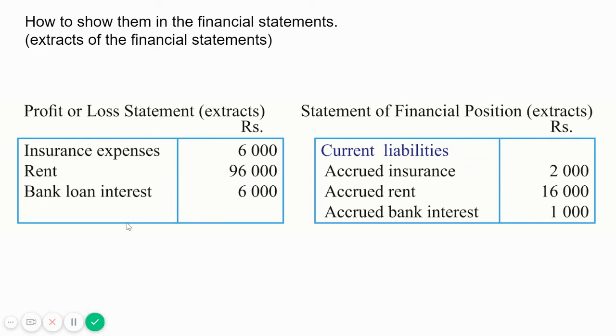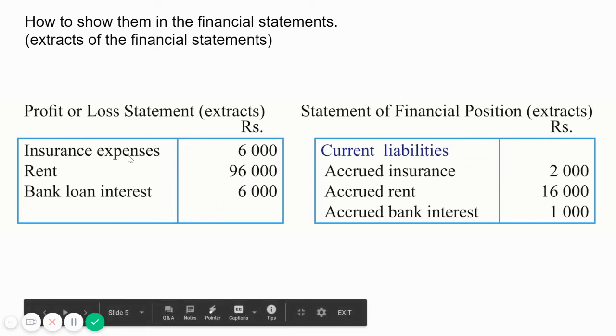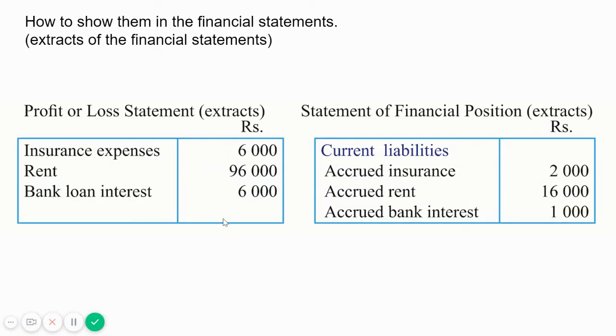The full amount relevant for the period must be present under the profit or loss. In this example, there are no incomes, they have given only the expenses.